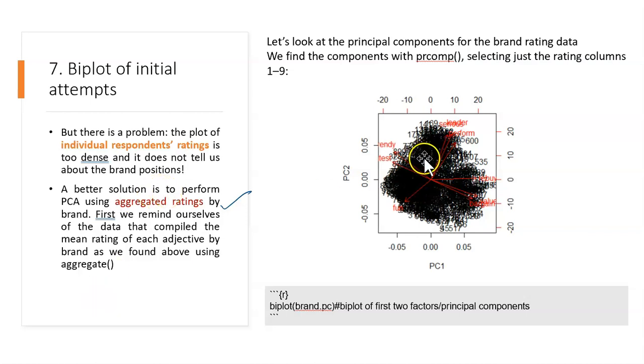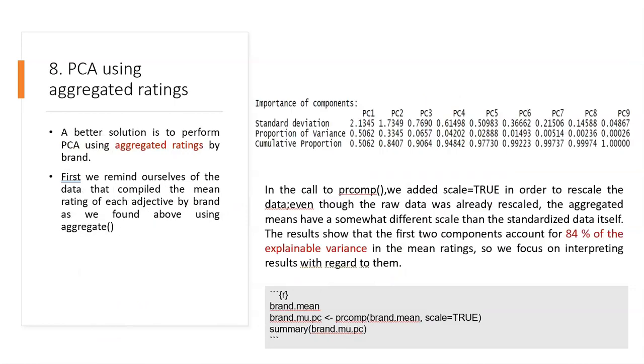You can skip this step and directly create PCA using aggregated responses. We have scaled it again, or you can use the same function I discussed in the previous slide on how to scale it, and then compute the principal components.